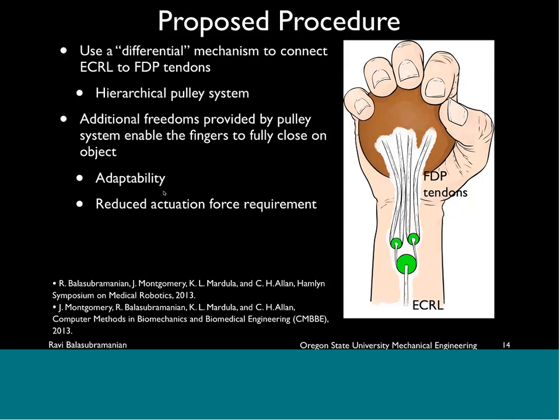And because of this natural adaptation, we expect this will result in significantly lower force requirement of the ECRL muscle, because there's no longer a need to stretch the tendons of the fingers that have made contact to close the other fingers. Okay, so this is how we expect that the proposed pulley-based procedure will help improve hand function.